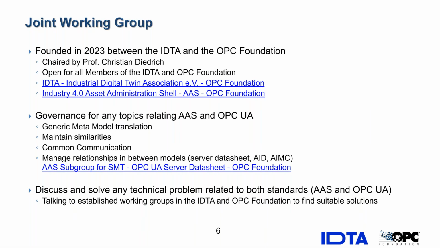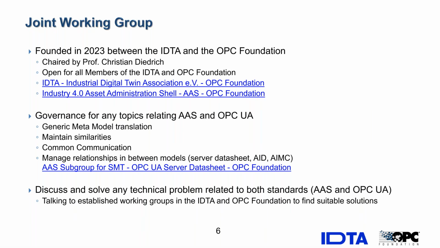And last but not least, the fourth sub-working group of the joint working group is the group that is managing relationships in between the two models. And we have two approaches here. I always say there is a black box approach, that is a server data sheet. With that one, you can give in an AAS information model the hint that there is another OPC UA server that can give further information.